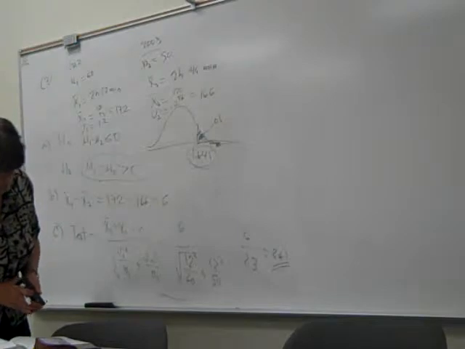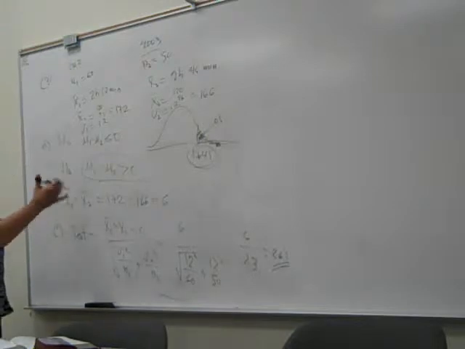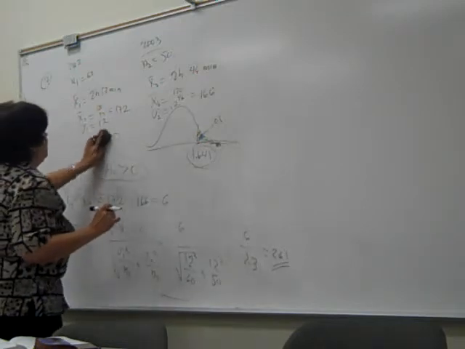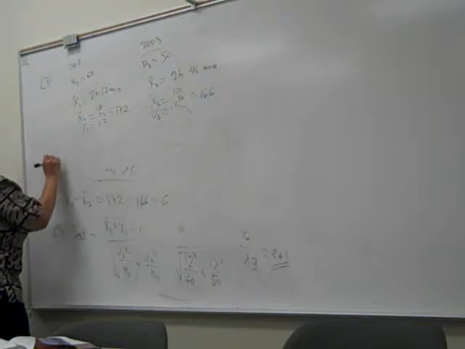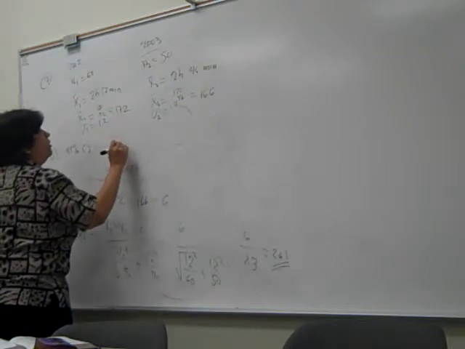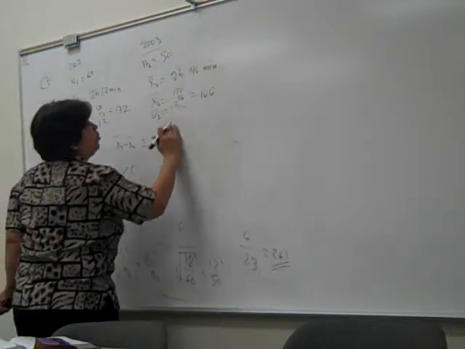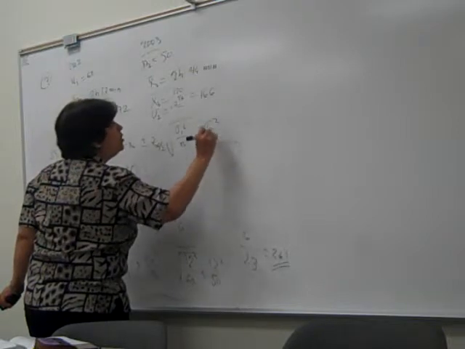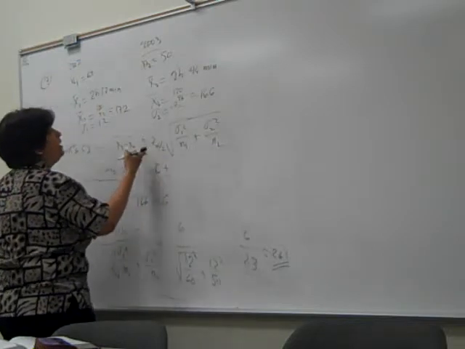Okay, they want us to provide a 95% confidence interval, and it's very easy. The 95% confidence interval is equal to x1 bar minus x2 bar plus or minus z of alpha divided by 2 times the square root of sigma 1 squared divided by n1 plus sigma 2 squared divided by n2. So it is 6 plus or minus z of alpha divided by 2.